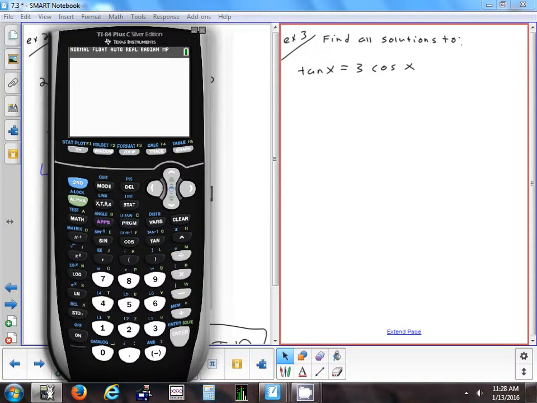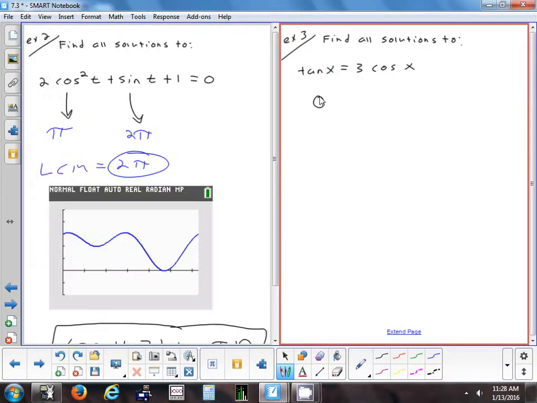You're seeing the left side separate, the right side separate, and you're just looking where they cross. If you want to get an actual picture of what this looks like, the whole thing, move everything to one side. Okay, so let's do it that way. What could I do to get everything on one side here? You could subtract tangent, or you could subtract the 3 cosine x. It doesn't matter.